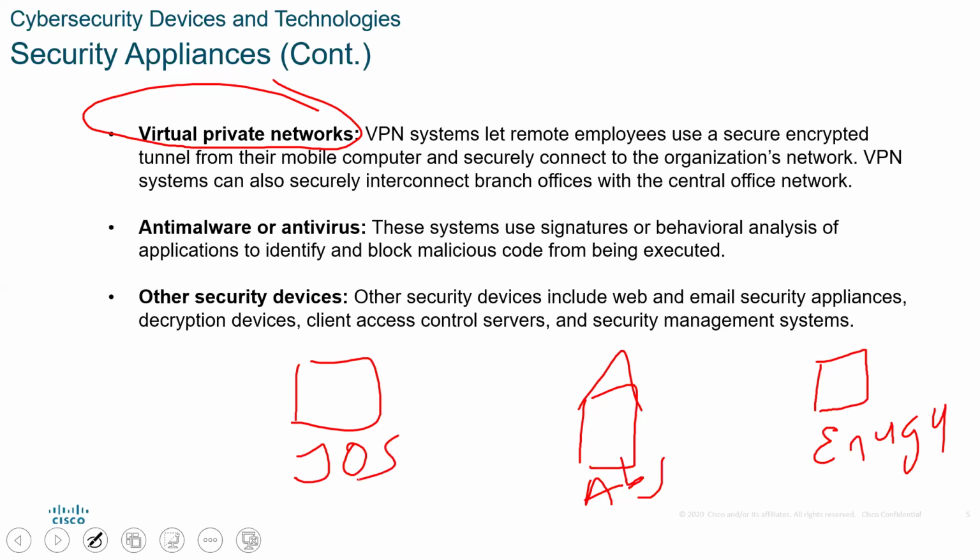Now, in all these branches, let's say I have devices, and let's say banks. Let's use First Bank. So this is the First Bank branch in Abuja. This is the First Bank branch in Enugu. This is the First Bank branch in Jos.